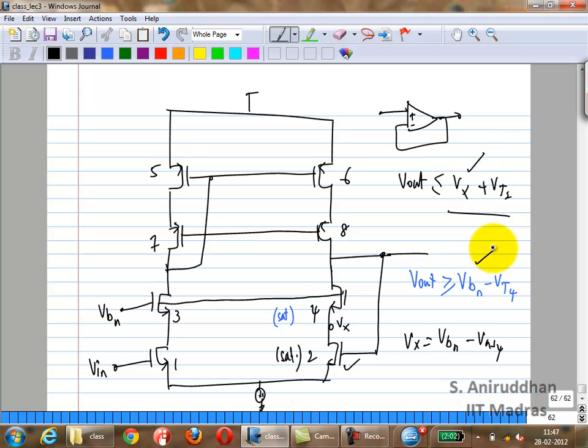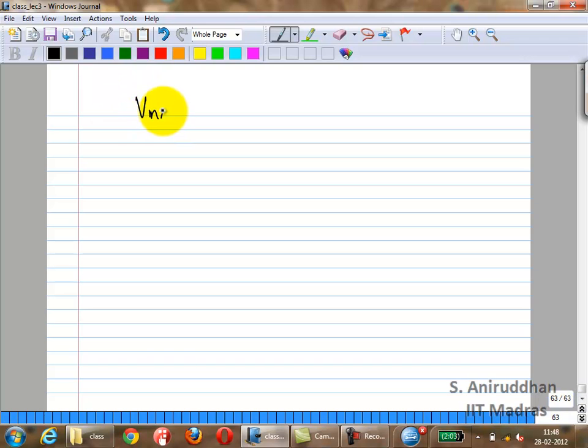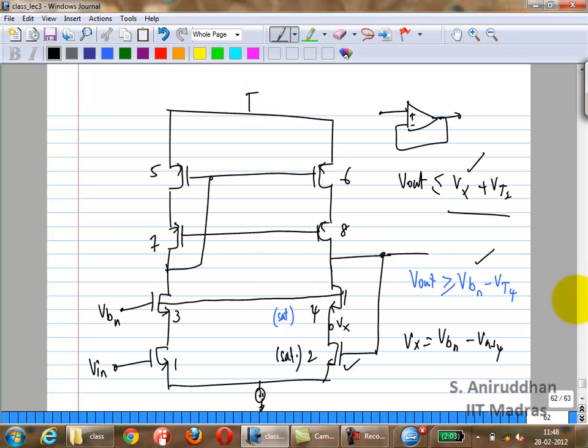Now we can find out the dynamic range at the output, the voltage range, minimum to maximum. What is Vmax minus Vmin? Vmax is Vx plus Vt2, which is VBN minus VGS4 plus Vt2.